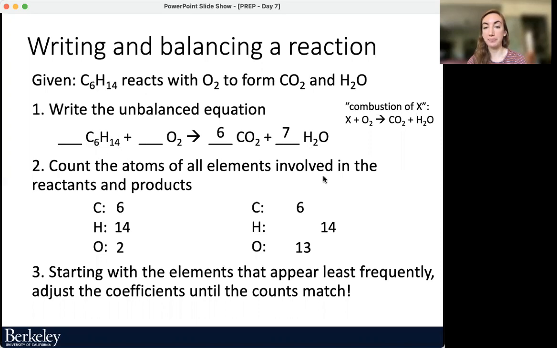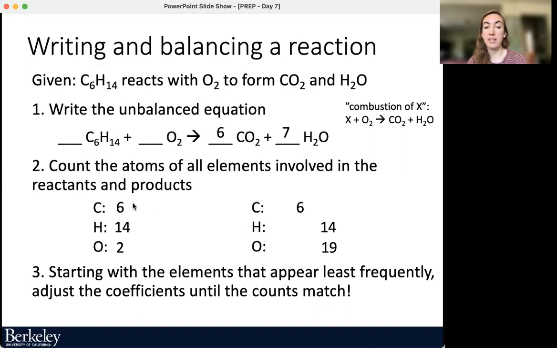And on the right, I have 7 H2O molecules that each have 2 hydrogens in it. So that's also 14 hydrogens. But H2O also has oxygens in it, so I need to adjust my oxygen count too. I have 12 in my CO2 molecules, 6 CO2 molecules with 2 oxygens each, and 7 H2O molecules, each with 1. So 12 plus 7 is 19.